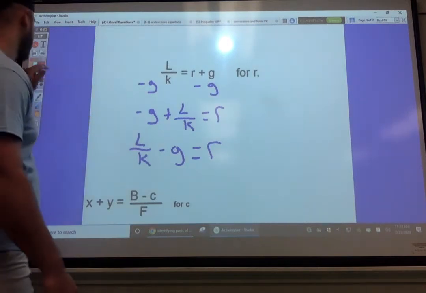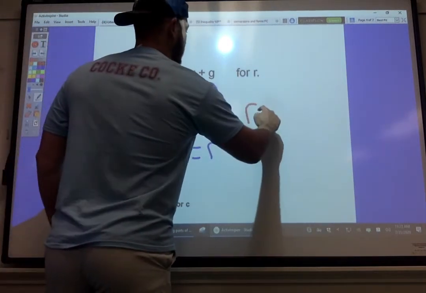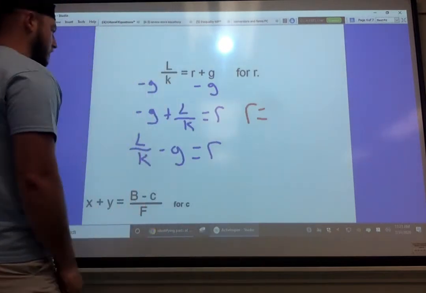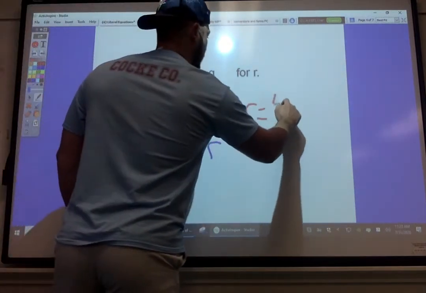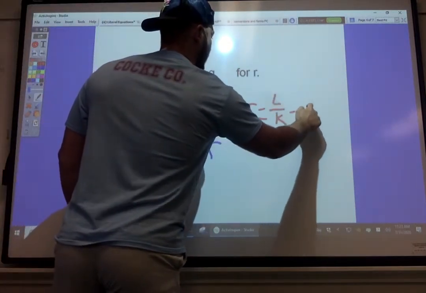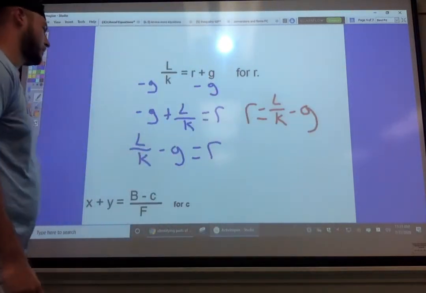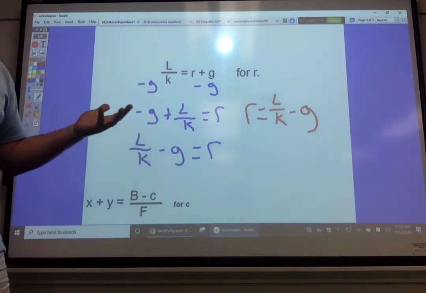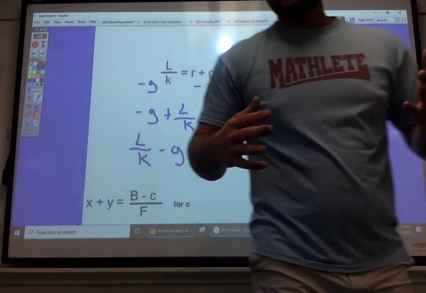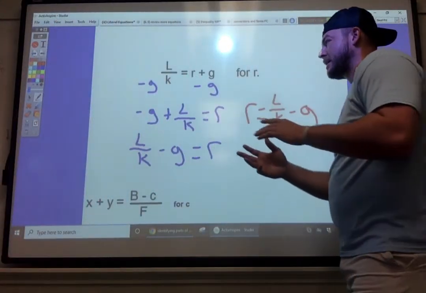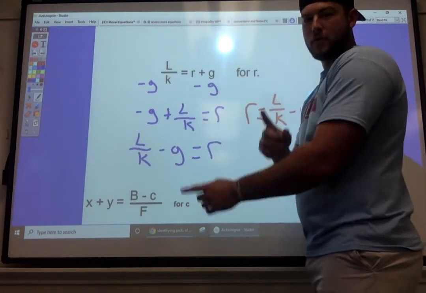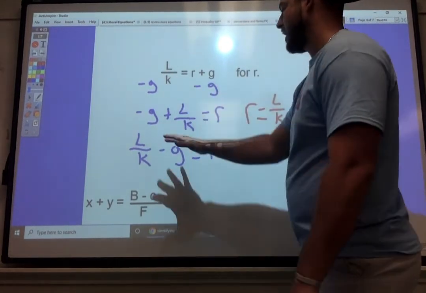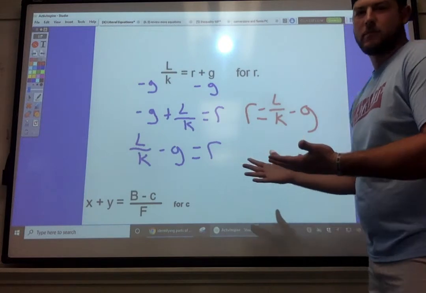And obviously it can also be written with the R over here on the left side of the equal sign. All three of these are accepted, the same answer. It could be written in different ways. Our standards tell us that they can be reversed, moved around. As long as you have the signs in the correct places, it's going to be correct.